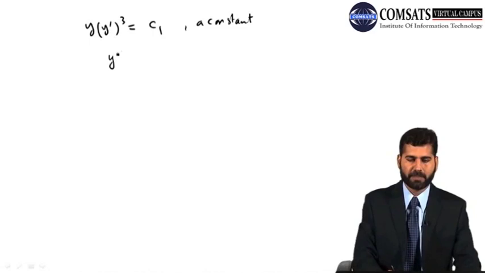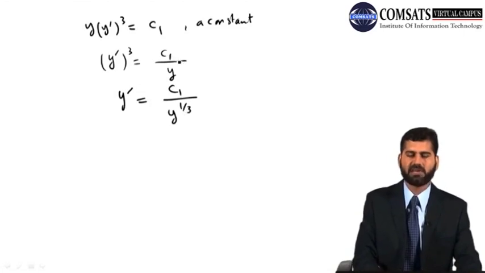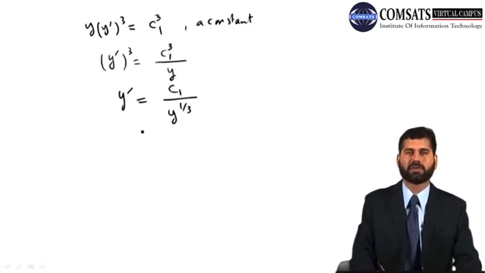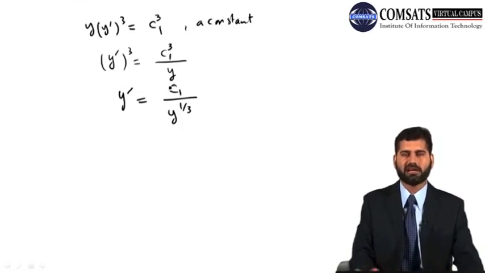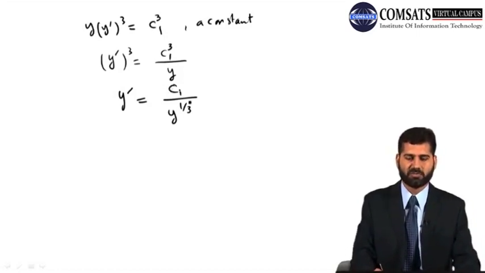So y prime cube is equal to c1 by y, and y prime is equal to c1 by y to the power 1 by 3. Because c1 is an arbitrary constant, you don't have to write c1 to the power 1 by 3. If a constant is multiplied by another constant, or you take the square root or cube root of a constant, it just remains constant. It's an arbitrary constant, so we don't bother writing it that way.